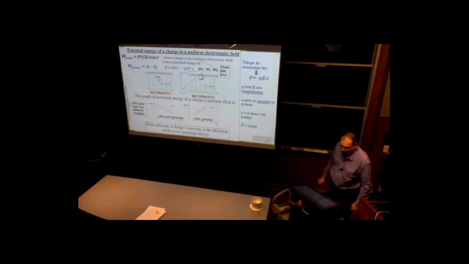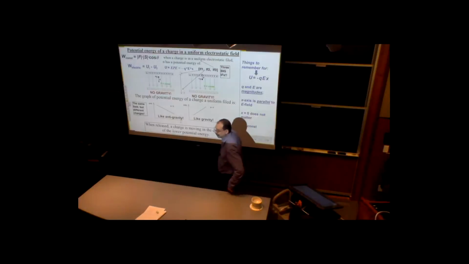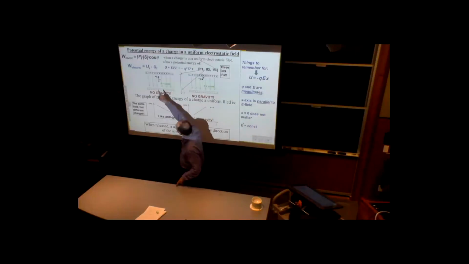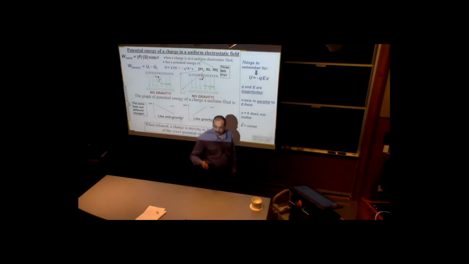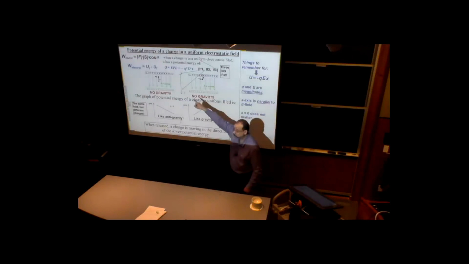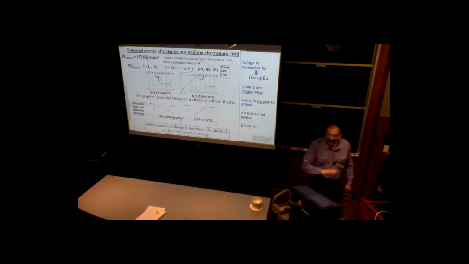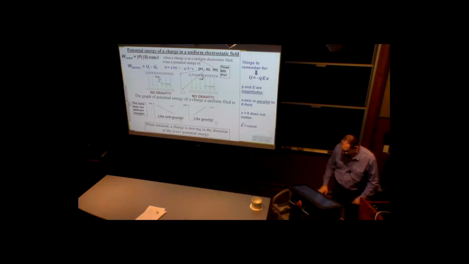And more importantly, the work of the electric field is equal to the difference between initial potential energy and final potential energy. This equation only works for a uniform electric field under these conditions. That equation is universal, works for any electric field, any charge. That's what's good about it.